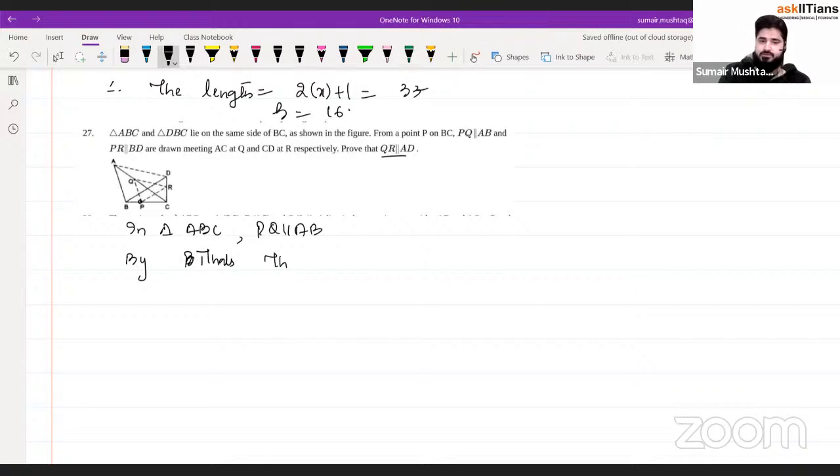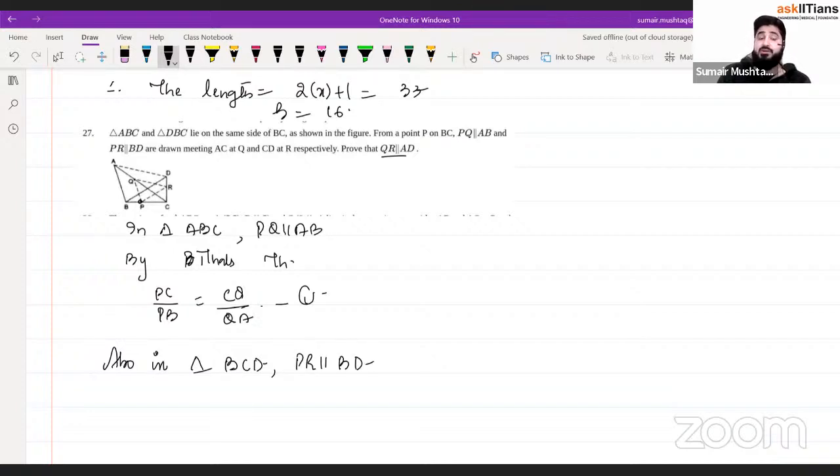By Thales theorem, what you can say, that PC over PB is equal to CQ over QA, isn't it? This is the first. Okay. Also, in triangle BCD, this BCD is a triangle, and PR is parallel to BD.